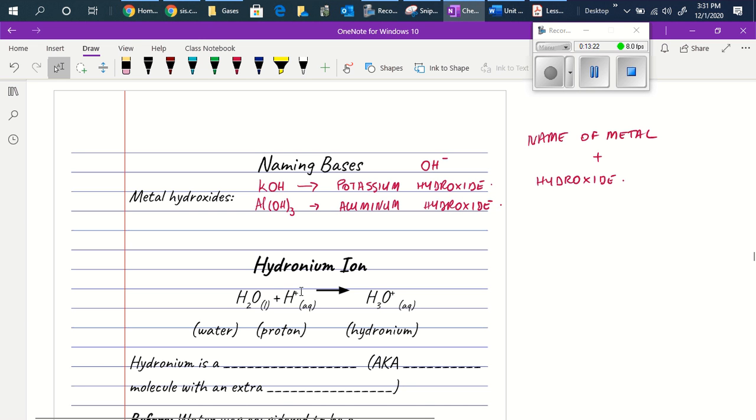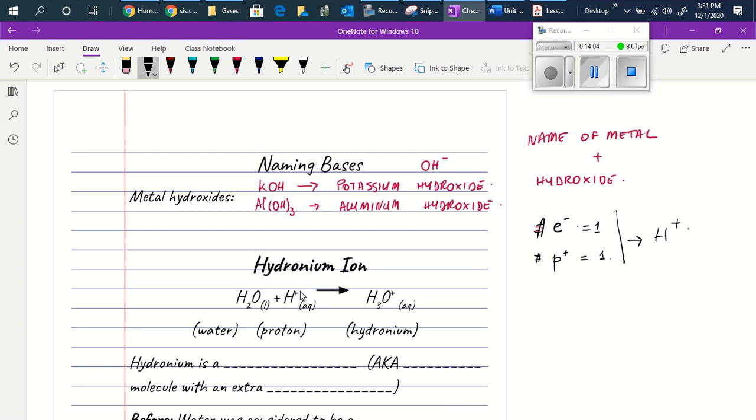We know that the number of electrons in hydrogen is equal to 1, the number of protons in hydrogen is equal to 1, and we don't have any neutron in the hydrogen atom. So if hydrogen becomes an ion, H plus, then just the proton is left of the hydrogen atom.